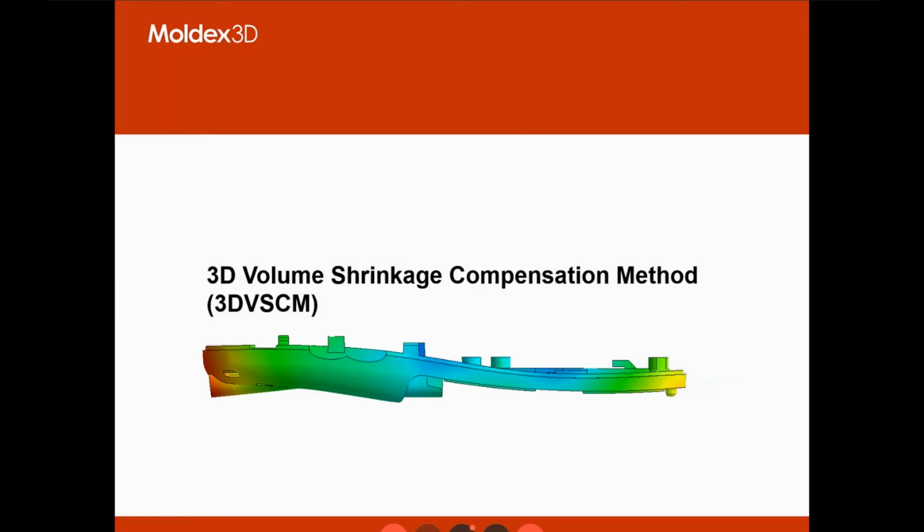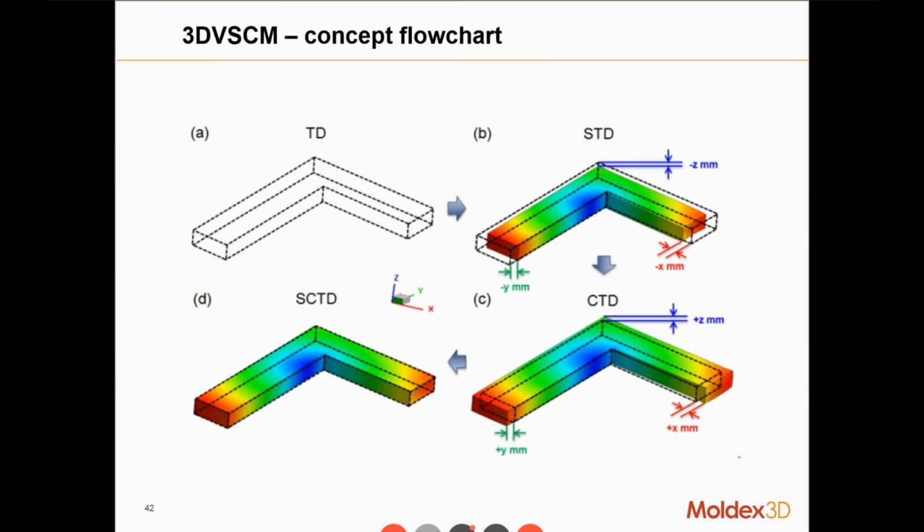In the last part, I will introduce the 3D VSCM, which is 3D volumetric shrinkage compensation method. And it is a concept flow chart of the compensation method. In figure A, it is a target design.